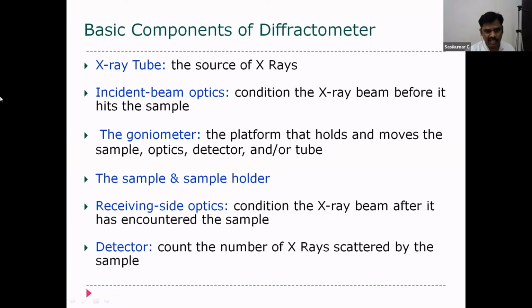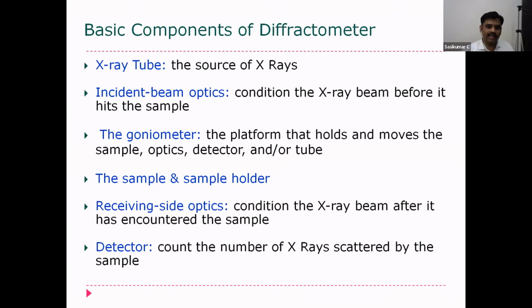The X-rays need to be processed before they are incident on your specimen, so that you get a monochromatic and proper X-ray incident on your specimen. So incident beam optics, certain optic materials, will be used, and there is a goniometer over which your detector, source and sample will be located, which I will be talking about.